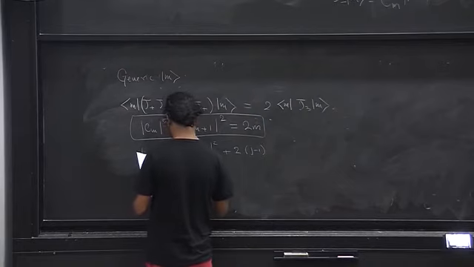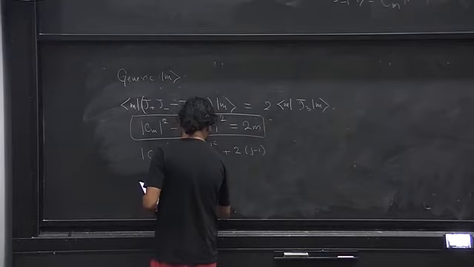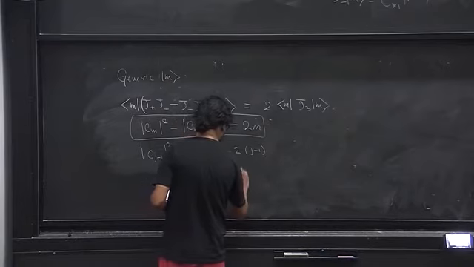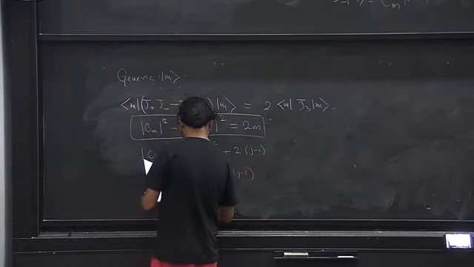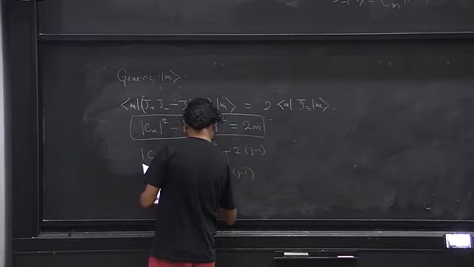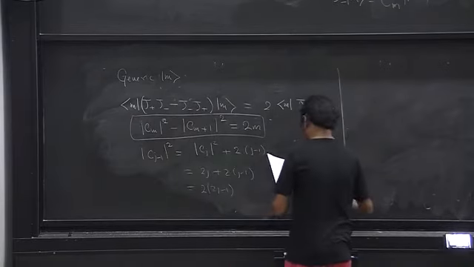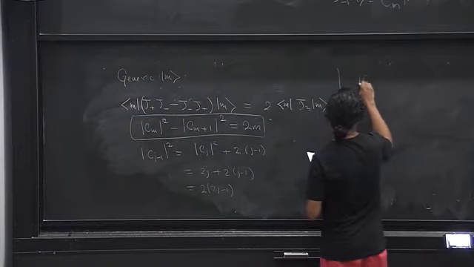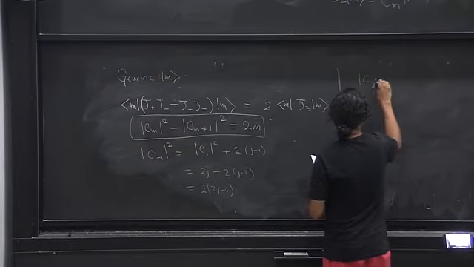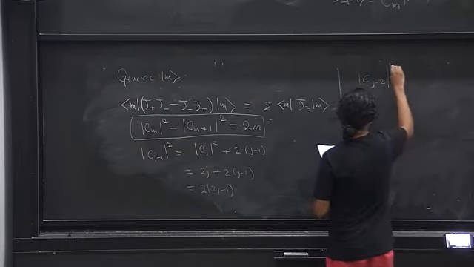Similarly, this is Cj minus 2 squared. I'm looking for a pattern here.